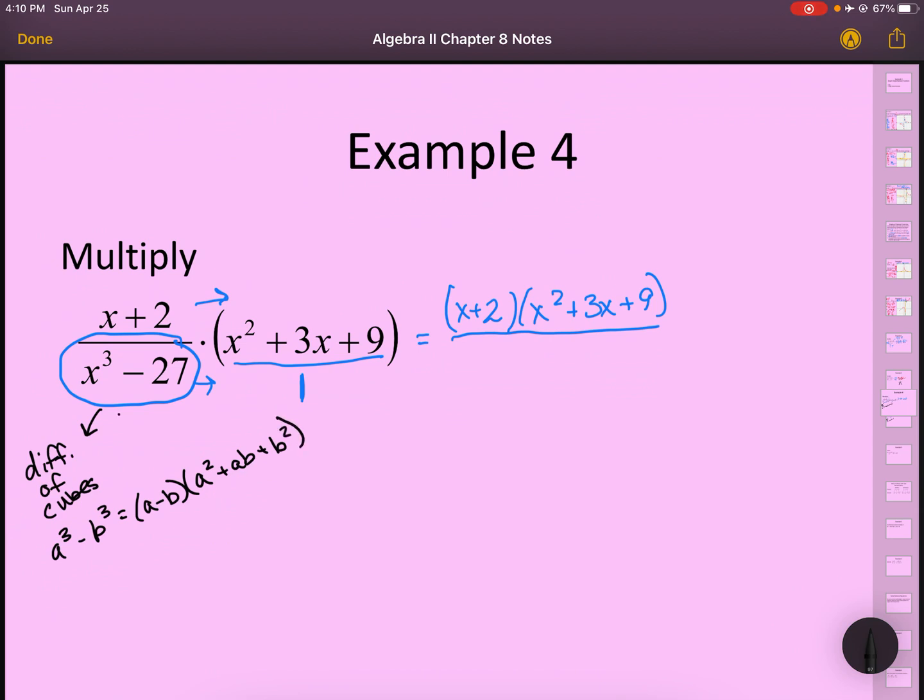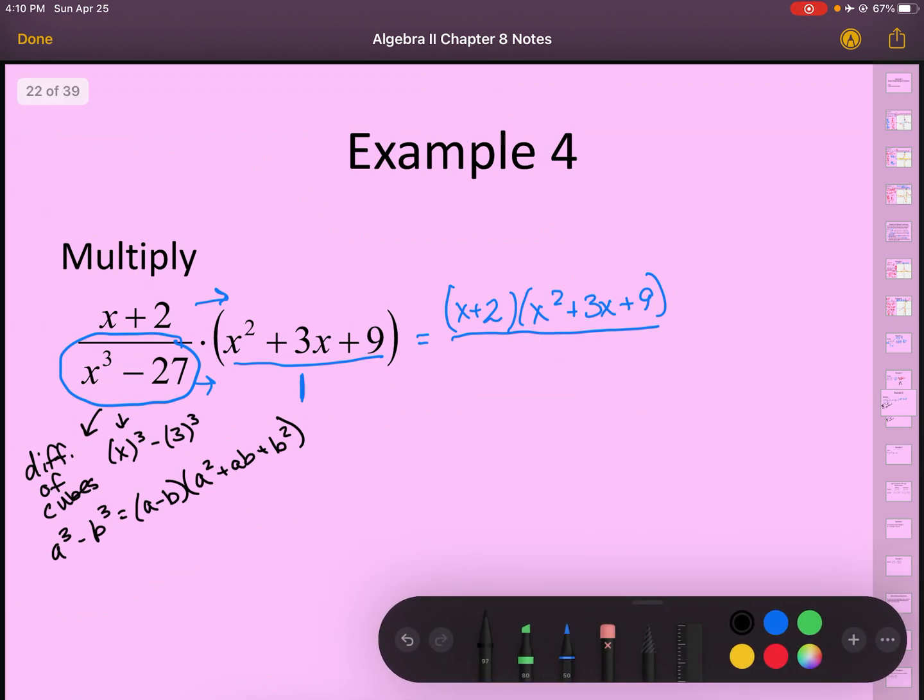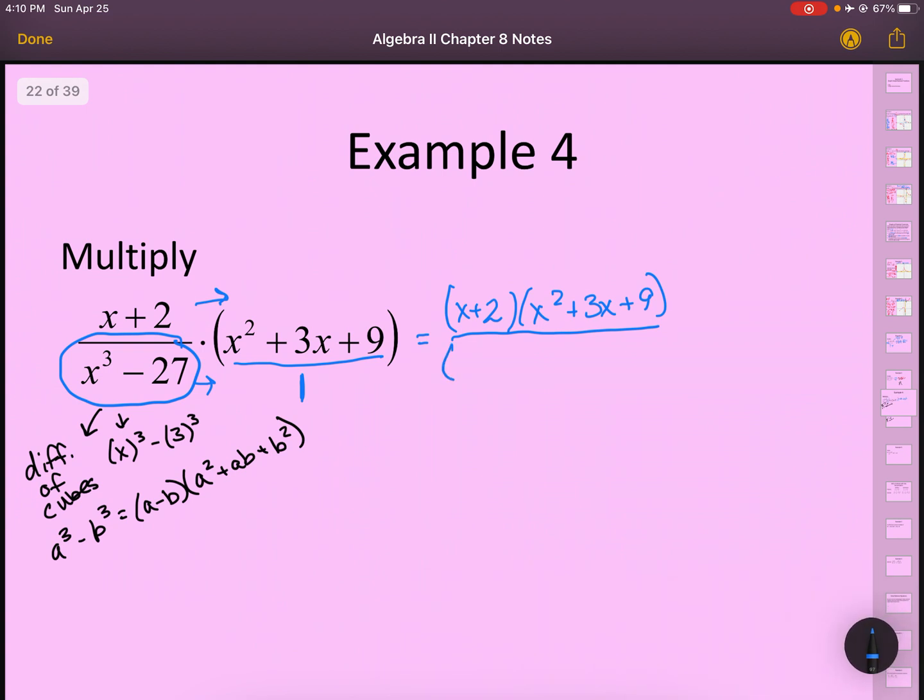And in this case, a is x, and 3 is going to be b, because 3 to the third power is 27. So this is going to factor to first a minus b, or x minus 3, and then a squared, or x squared, plus ab, or 3x, and plus b squared, or 3 squared, which is 9.